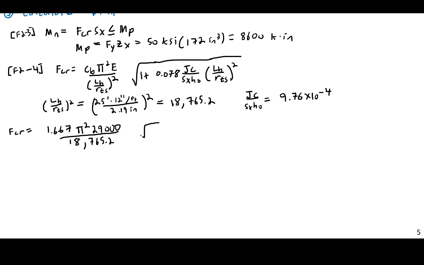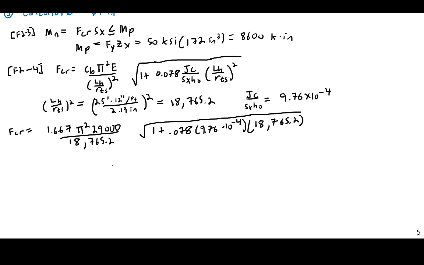Times the square root of 1 plus 0.078 times 9.76 times 10 to the negative 4 times this quotient here, which is again our 18,765.2.